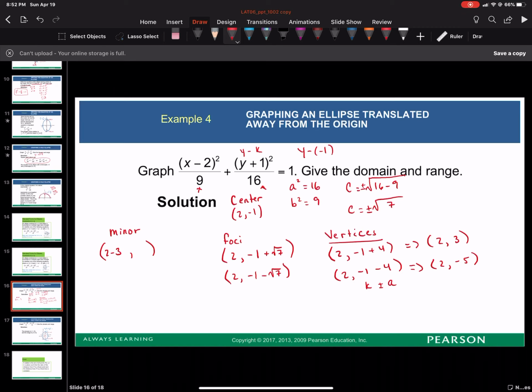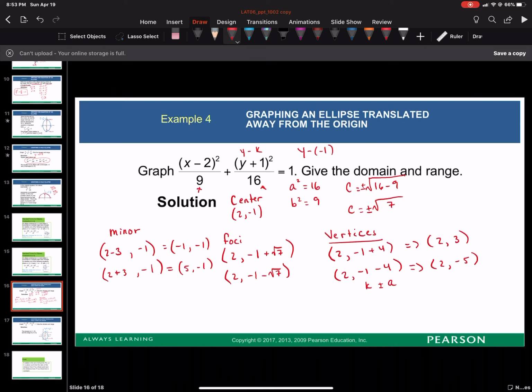And then we just keep our center, or our k. Then we have to do the other one. Now we have 2 plus 3, and then keep our -1. So when we write this, this is going to be -1, -1, and this one's going to be 5, -1.